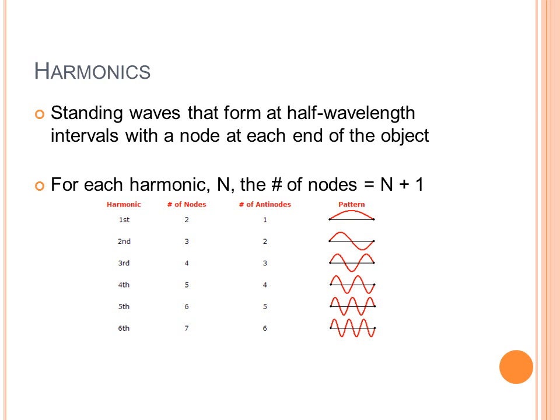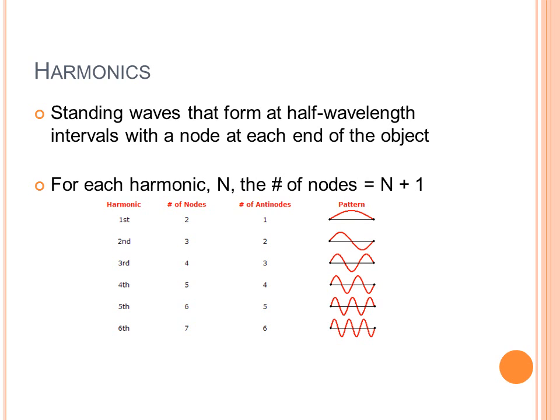Now, going along with that, we have another property of standing waves called harmonics. Since we know that every standing wave must have two nodes on either end, that dictates the wavelengths that can create a standing wave in any tube or any string of a given length.